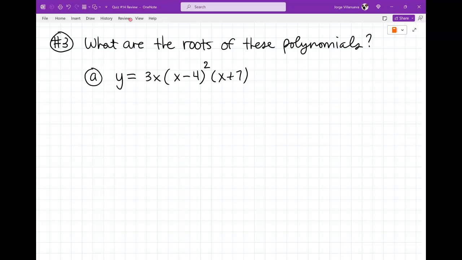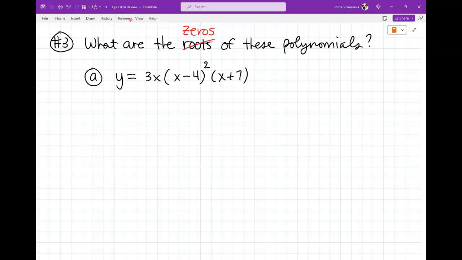Yeah, zeros, right? So there are some problems on quizzes that they say the word roots. Then there's some where they're going to say, what are the zeros? So just remember, roots, zeros, solutions, answers, they're identical, okay? It means the same exact thing. So if you see roots, if you want to just say, no, I'm going to write zeros instead so I know what they're talking about, feel free to do that. You don't have to use the word roots, just think zeros, okay?